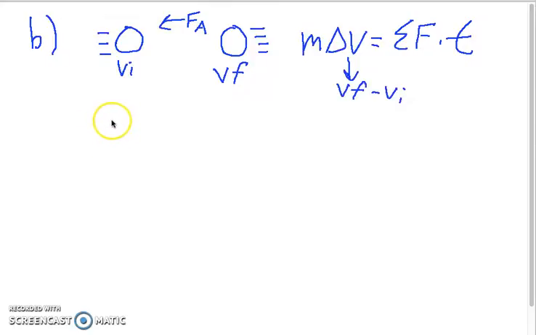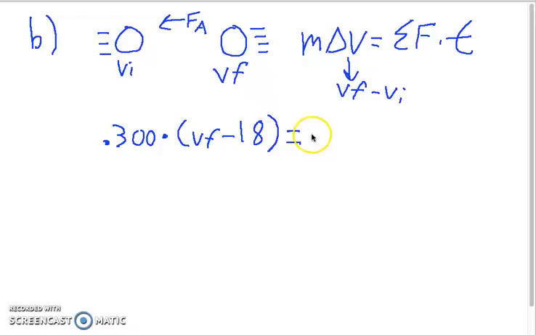So I'm going to start plugging in stuff. The mass is 0.300 kilograms because it says 300 grams, so it's 0.3 kilograms. The final velocity we don't know yet, but we do know the initial is 18. It's given as 18 meters a second in the problem.